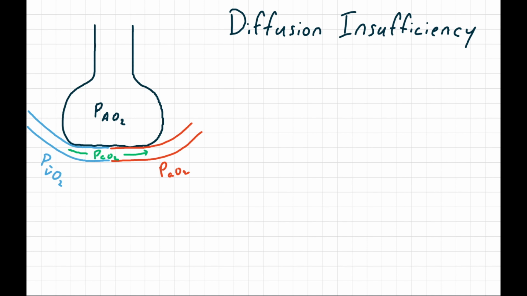Before we look at insufficient diffusion, let's look at the normal diffusion that's happening at the alveolar capillary interface. You have your alveolar partial pressure of oxygen, P big A O2, in the alveolus. Mixed venous blood enters the alveolar capillary with oxygen at a partial pressure of P V O2.